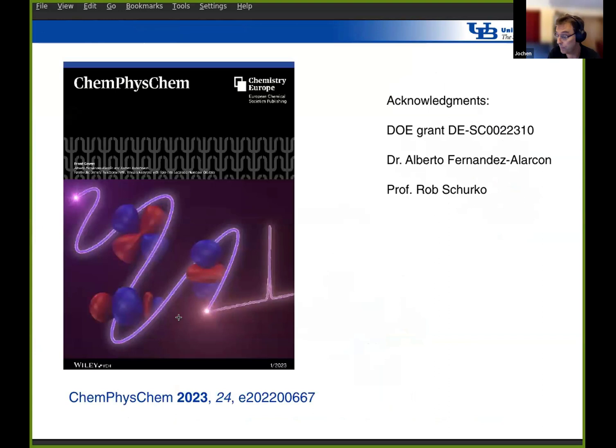And before I get to the demo, I just wanted to mention briefly that for these analysis methods for shielding and J-coupling, we just recently wrote a small piece for ChemPhysChem, again explaining this in a little less detail and more application-oriented than the original publications.